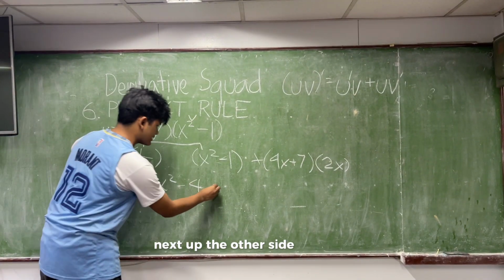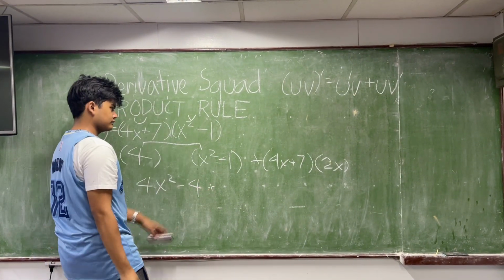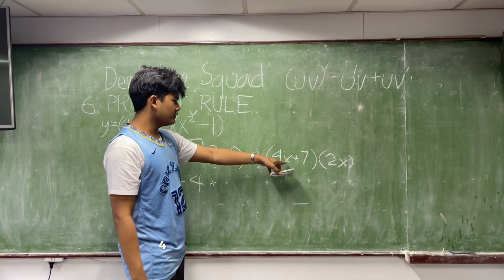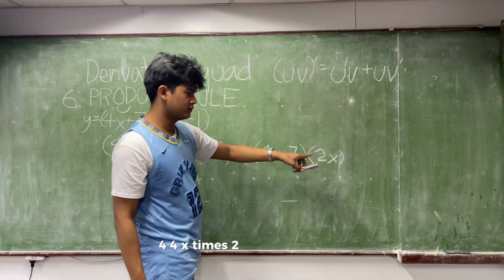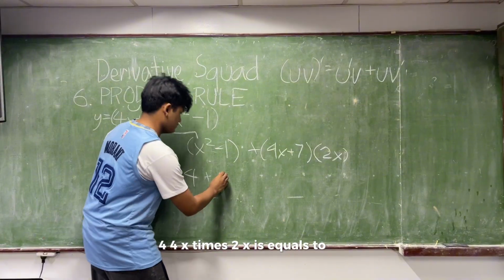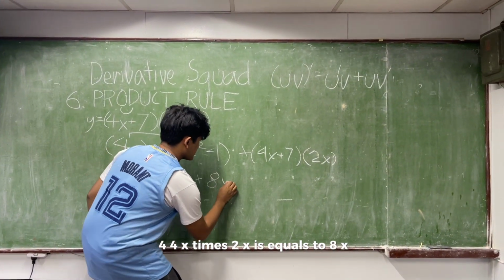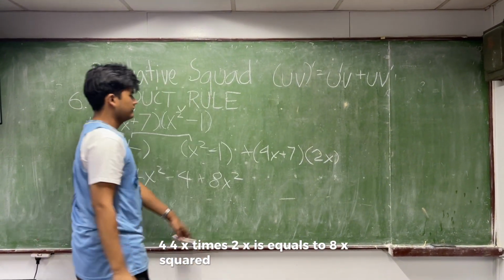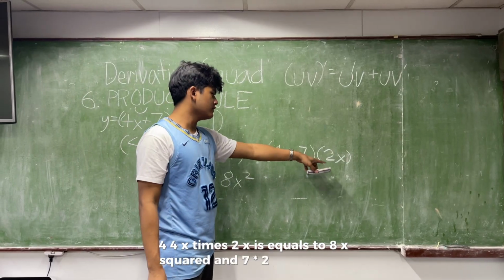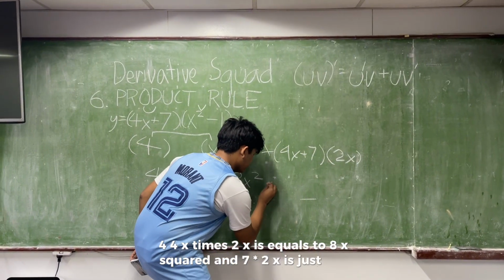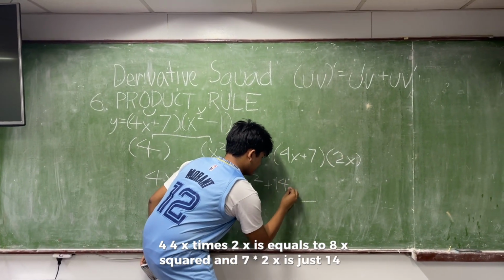Next up, the other side, the right side. 4x times 2x is equal to 8x squared, and 7 times 2x is just 14x.